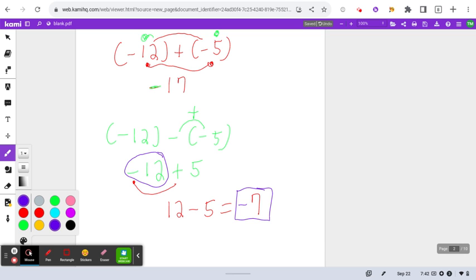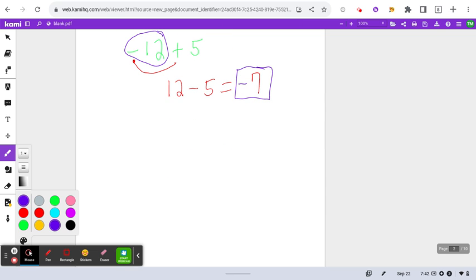I'll move on to some multiplication and division. So you should remember the rule for this. If you're doing a negative 5 times a negative 4, remember the negative times the negative will result in a positive. So you would just multiply. So you should remember that rule.